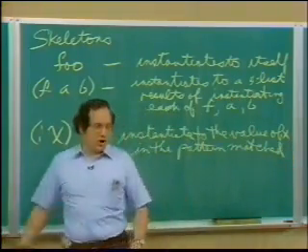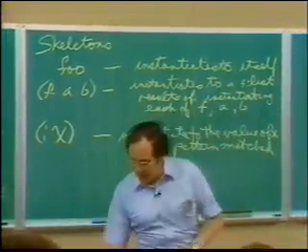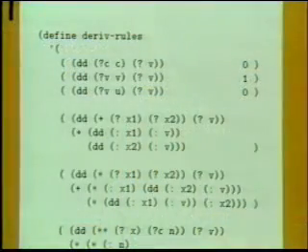So going back to the overhead here, we see all of those kinds of objects. We see here a pattern variable which matches a constant, a pattern variable which matches a variable, a pattern variable which will match anything.